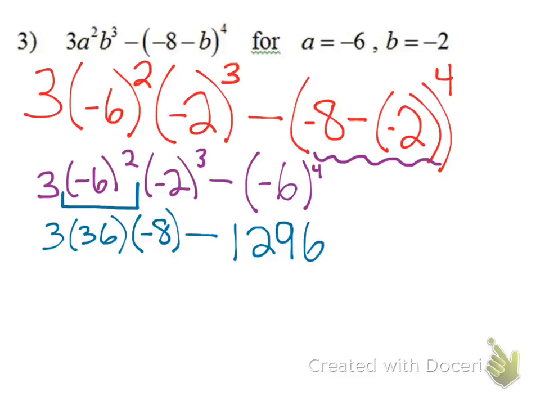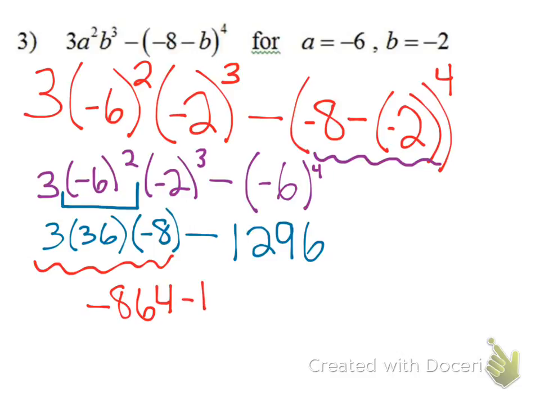All right, up front, you need to do 3 times 36 times -8. 36. And make equals -8, -8. 64? Yeah. Good.